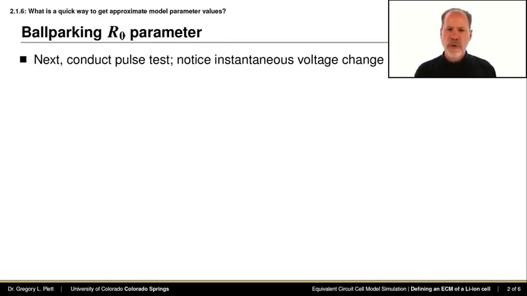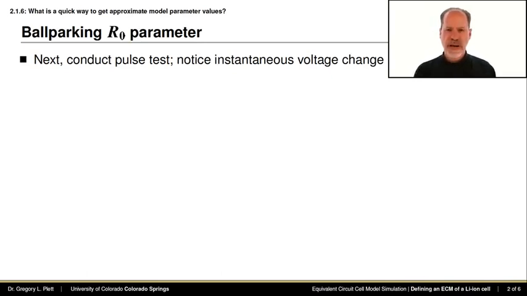So if you think of those equations on the previous slide, we now have Q, we now have eta, and we now have the open circuit voltage relationship. But we still require ways to determine the series resistance R0 and the resistor and capacitor values of the circuit as well. And one way to find these values is through conducting a very simple laboratory test on a physical battery cell.